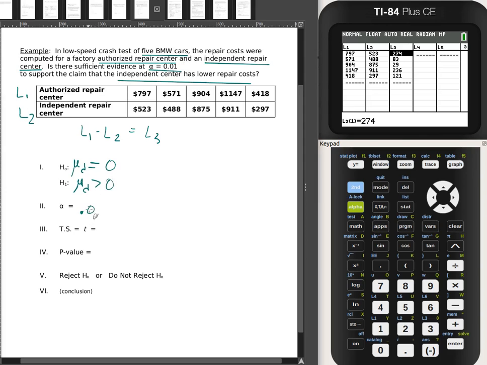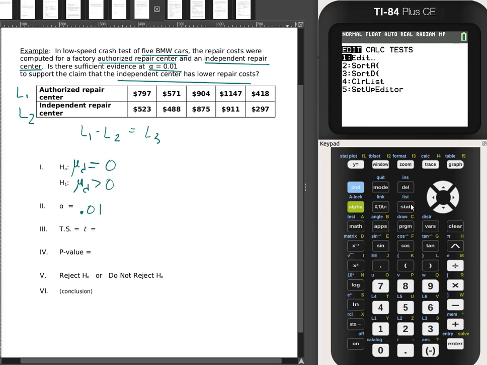The alpha level is 0.01. We're going to need to use that in our test. And now since we're doing mean, we're going to need to go to stat tests and use t-test because mean goes with t. And in this case, we don't want to use the stats because we don't know this data. We want to come to data because we're actually using the data set in this case.